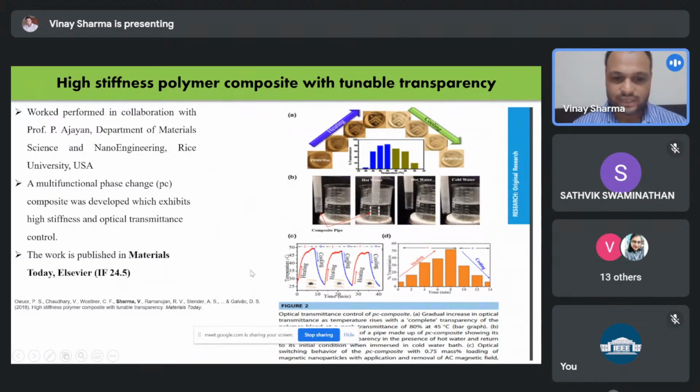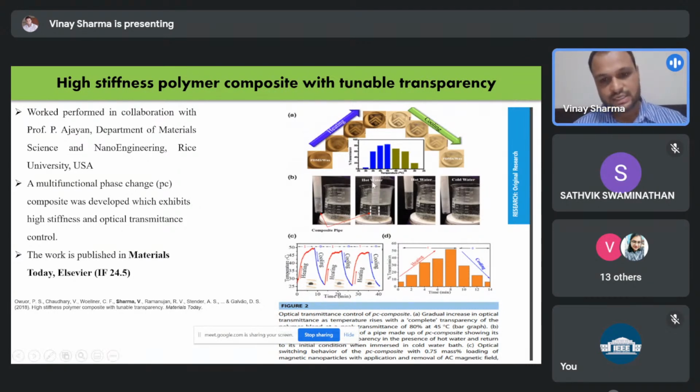Materials Today. What we did here: we took some wax, and inside that wax we synthesized magnetic nanoparticles in our lab, and we put a logo at the bottom of this. We heated this material, but there was no contact heating, that means nothing was in contact with it. We heated it in the presence of an alternating magnetic field. We put this PDMS plus wax inside a coil, and then we started a radio frequency current in it.